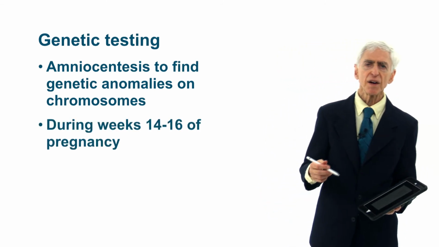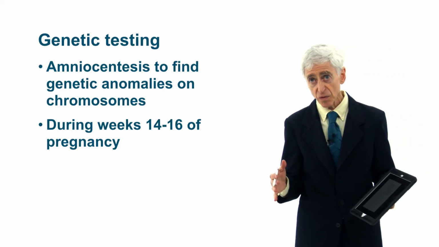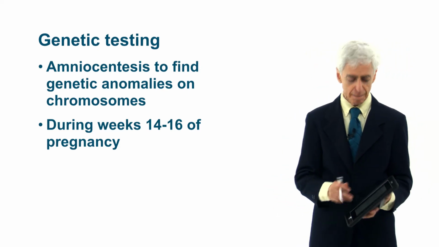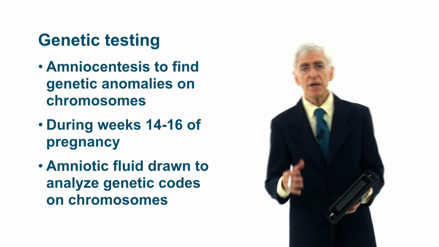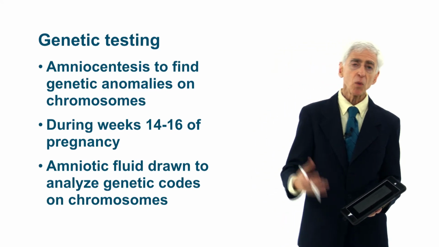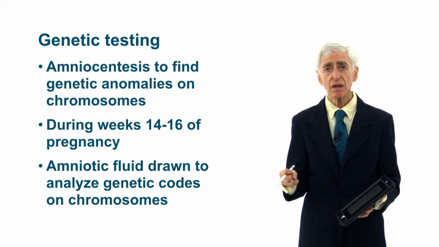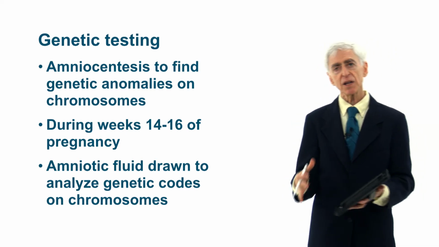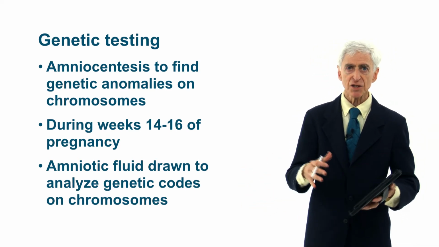Amniocentesis is done during the 14th to 16th week of pregnancy. Amniotic fluid from the womb is drawn out so that it can be taken to a lab and analyzed by its genetic code.